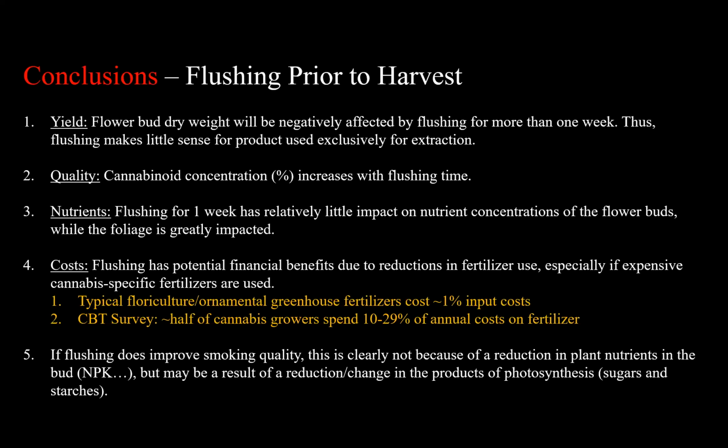And if we're inhibiting photosynthesis, we would be reducing the amount of sugars and starches, and certainly changing the forms of the sugars that are in the plant. So this could be the reason that you may actually see a perceived benefit. We don't have data to support this, but based on tobacco literature, it makes some sense and would be worth looking into with further research.